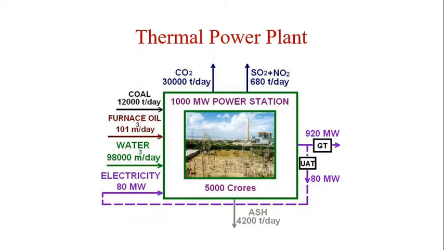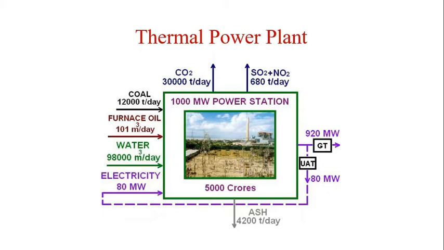It also requires furnace oil of almost 100 million cubes per day, water 98,000 million cubes per day. As well, to run the plant, it requires 80 megawatt of electricity. From this 1000 megawatt thermal power station, 4200 tons of ash per day is extracted.